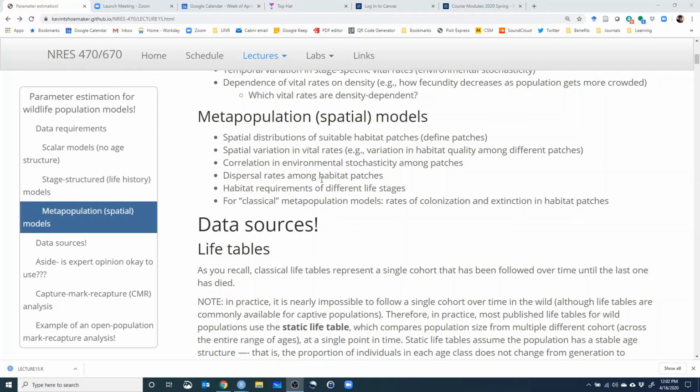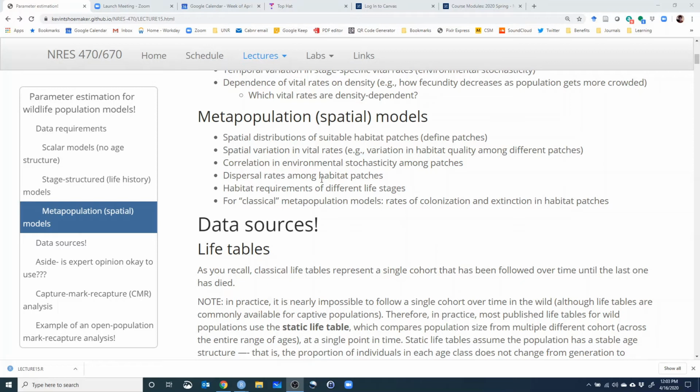And we need to know, perhaps some patches are better quality for some life stages. Perhaps different life stages require different types of habitat. And that is pretty common as well. So we might have to get even more complicated and think about the spatial and habitat requirements of juveniles versus adults.